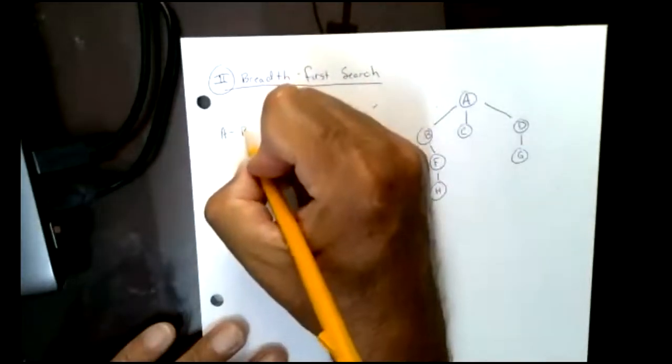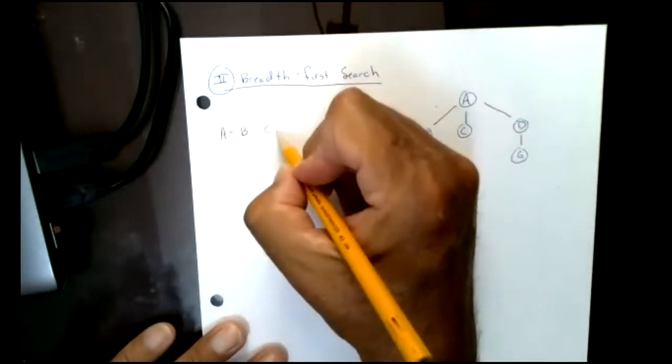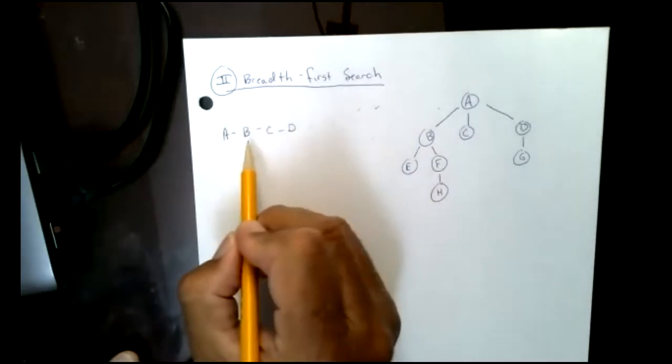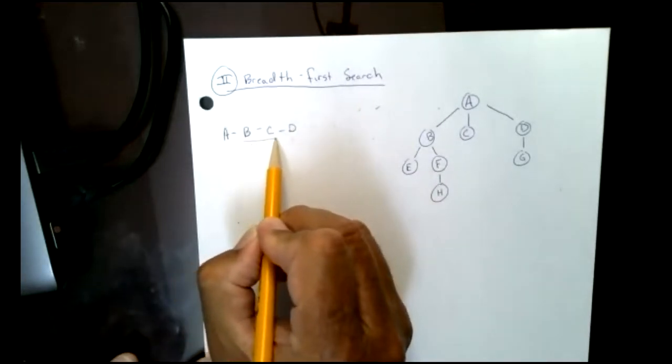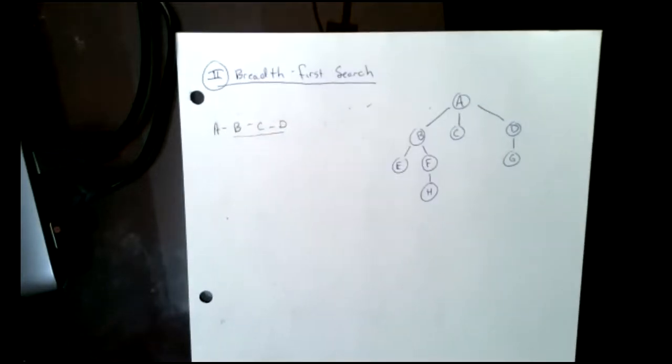A goes to B. A goes to C. A goes to D. Y'all would agree to that, right? So we're going to keep an eye on these 3 as special because I know they are one path away.